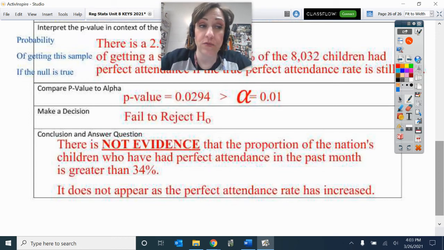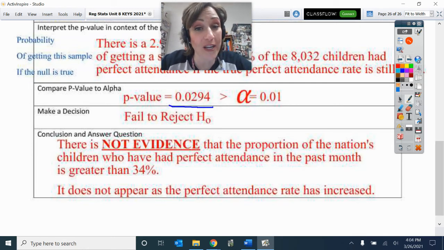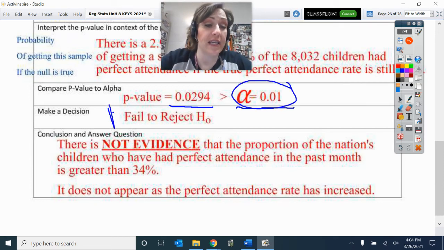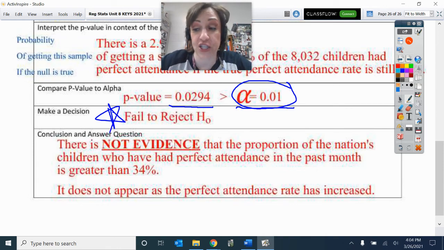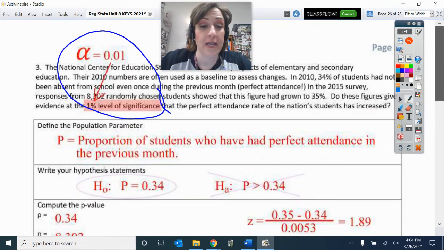I skipped that interpretation for a minute. My p-value was 0.0294, which is greater than the alpha they specified as 0.01, not the default. If you had used the default, you would have rejected the null. But with an alpha of 0.01, we fail to reject the null.